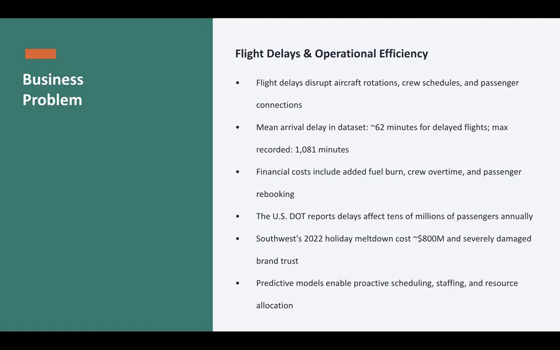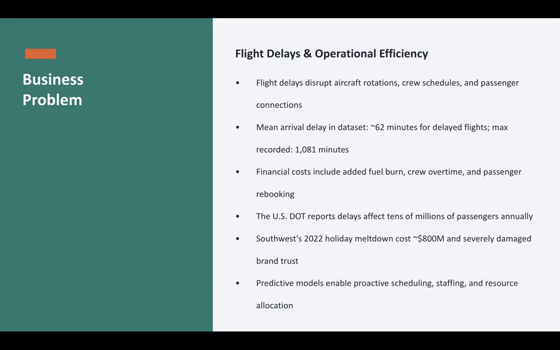So what is the actual cost of a flight delay? In our data set, the mean arrival delay for delayed flights was about 62 minutes, with a maximum recorded delay of over 1,000 minutes. Operationally, delays disrupt rotations, crew scheduling, and passenger connections, all of which trigger additional costs.